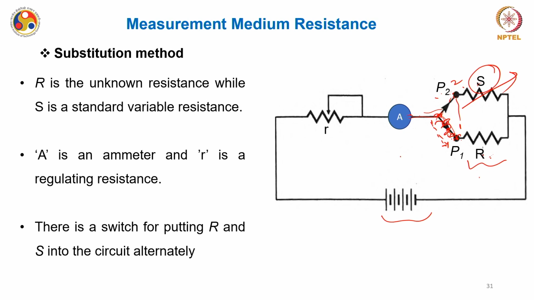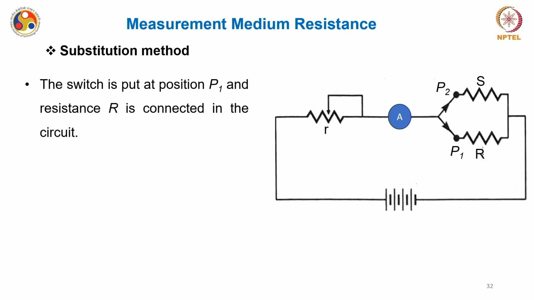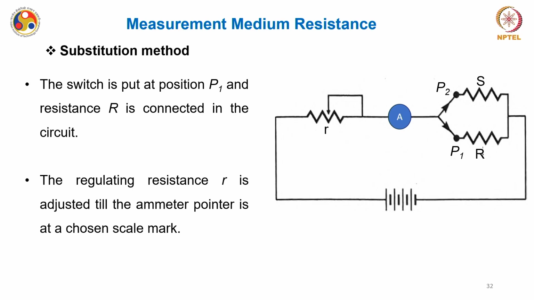A is the ammeter, and r is the regulating resistance. Now there is a switch for putting R and S into the circuit, and this is done alternately. First you put S and then you put R. Let's see how we do it. Now the switch is put at position P1 and resistance R is connected in the circuit.